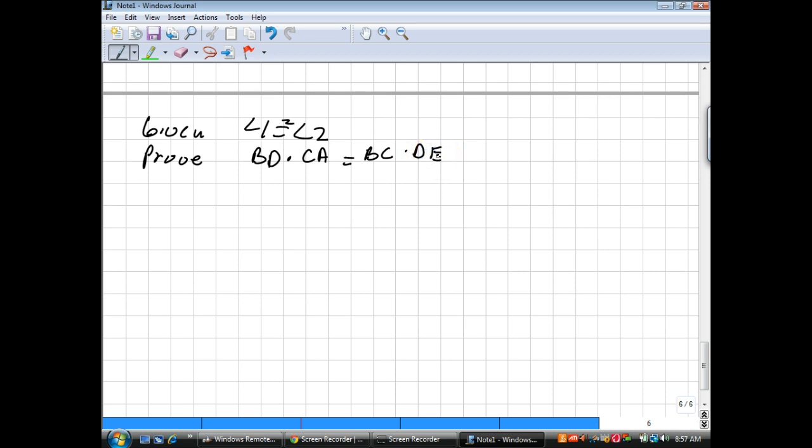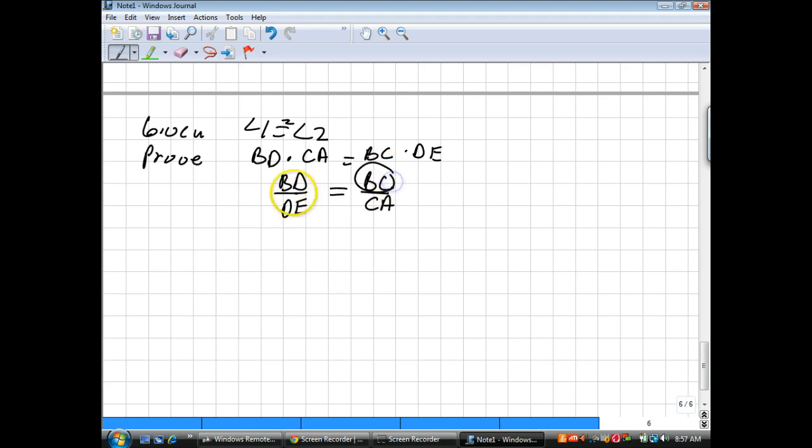Okay, so basically, remember that we could rewrite this. So if BD is here, CA would have to have been there. Okay, and if BC and DE. Okay, and remember those can change places.